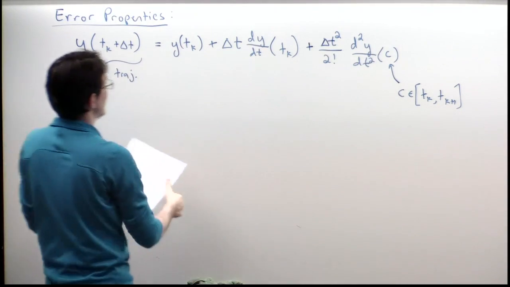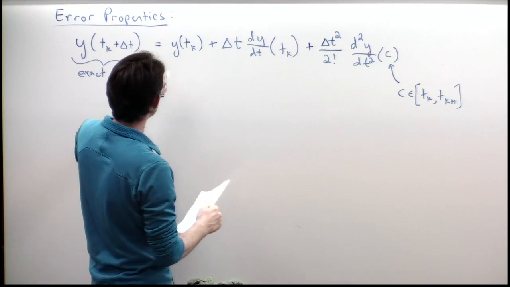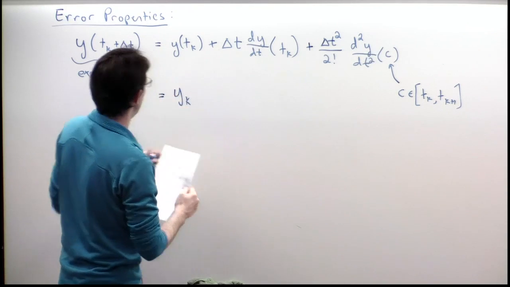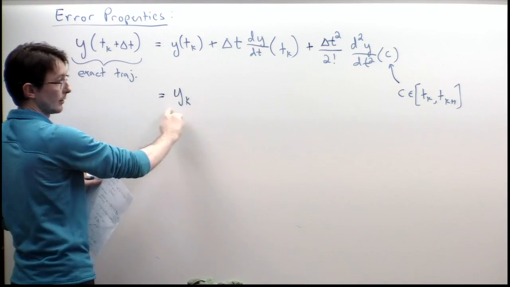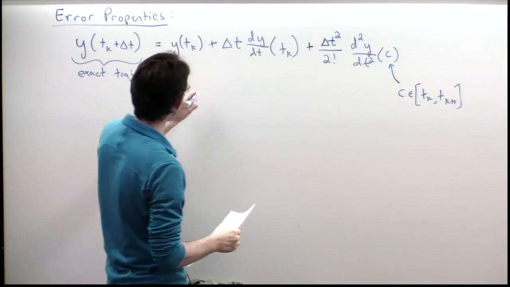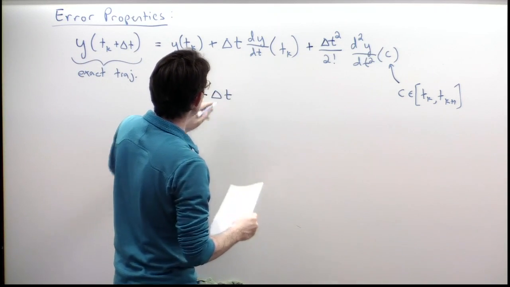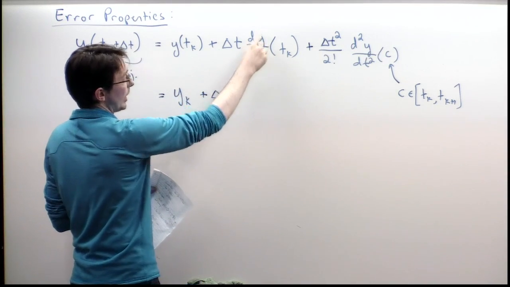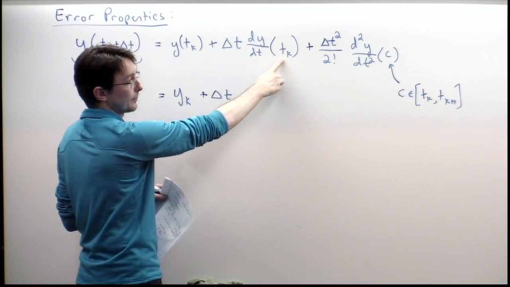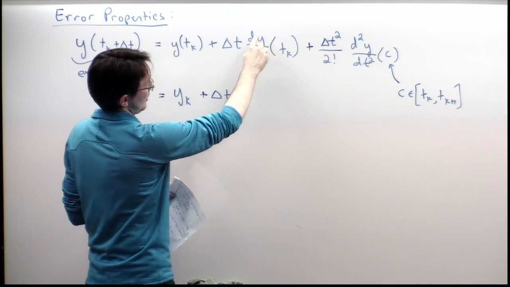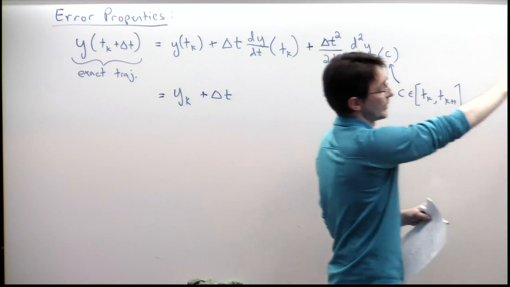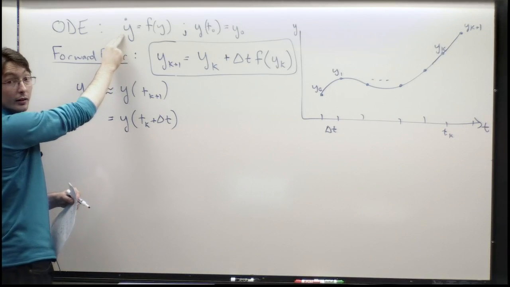But I really want to just write out explicitly that this is equal to yk, right? Y at time tk, we think that's yk, plus delta t times dy dt evaluated at tk. This is the same as dy dt on the other board, which is just y dot.